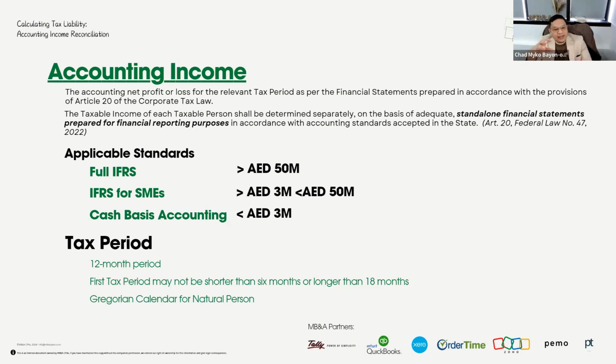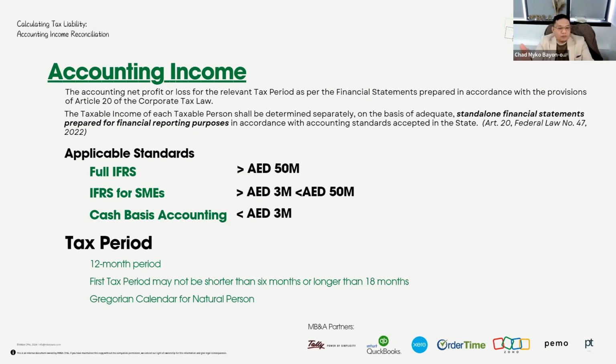Now, for the tax period that we have, it should be a tax period of 12 months. When I say tax period, it's actually the coverage of the timeline of your performance or recognition from your books of accounts. So normally, the tax period is on an annual basis.